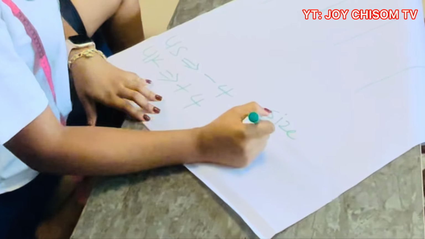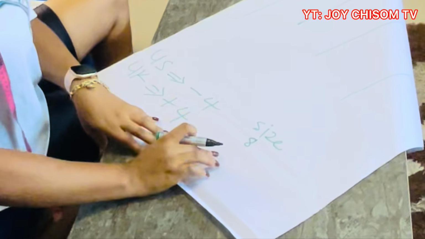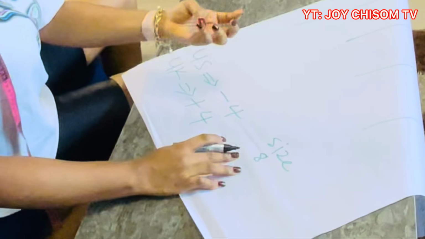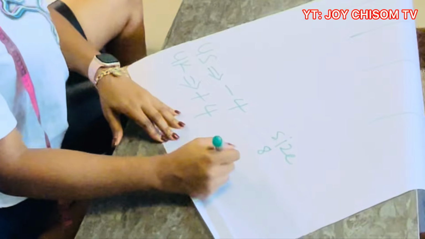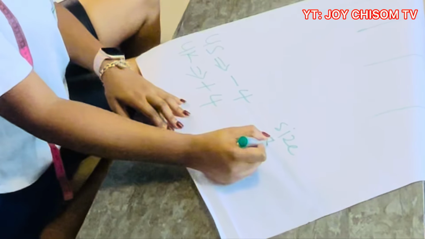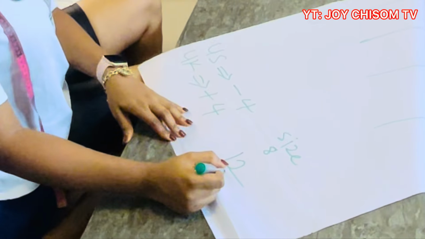That means size 8 in US will be what size in UK? You add 8 plus 4: 8, 9, 10, 11, 12. So someone that is size 8 in US can wear size 12 in UK.